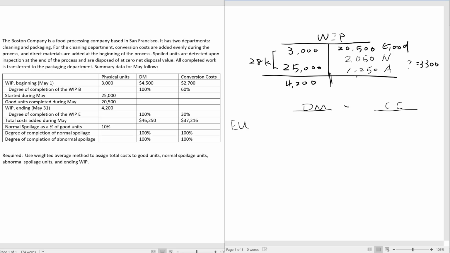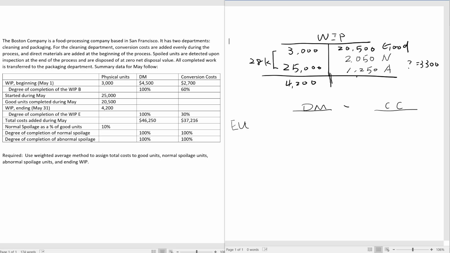To determine the weighted average method equivalent units for each input, we need units from the work in process credit side, that is good, normal, and abnormal, and ending work in process units with the completion percentages.